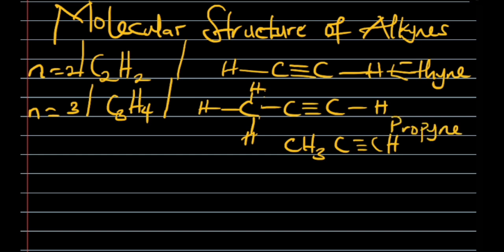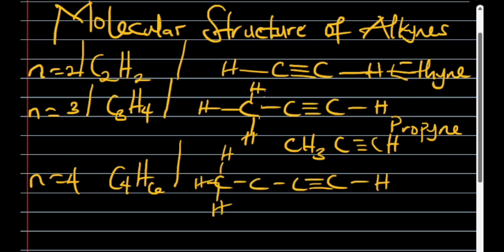The next one, when n is equal to 4, we have C4H6. So we have 1, 2, 3, the triple bond, then 1, 2, 3. Don't forget we have 6 hydrogens: 1, 2, 3, 4, 5, then this makes 6.